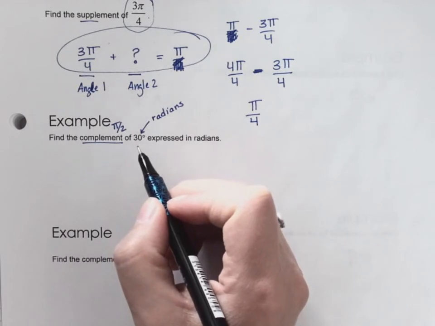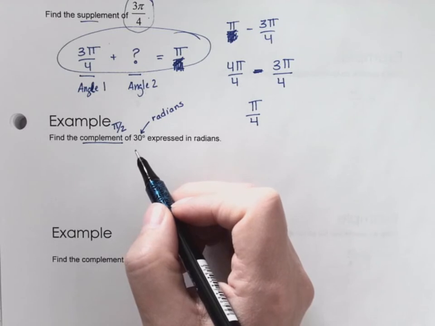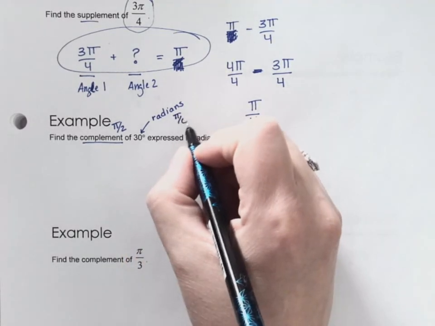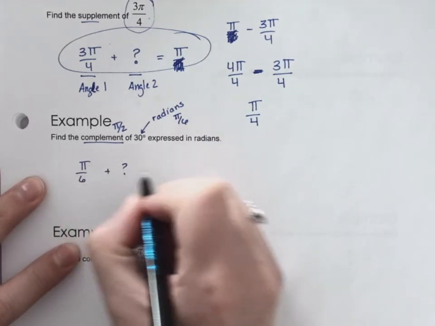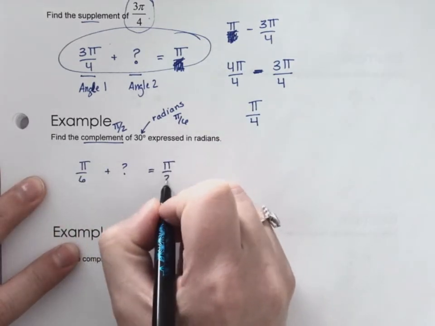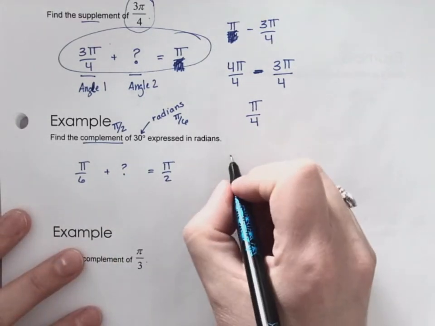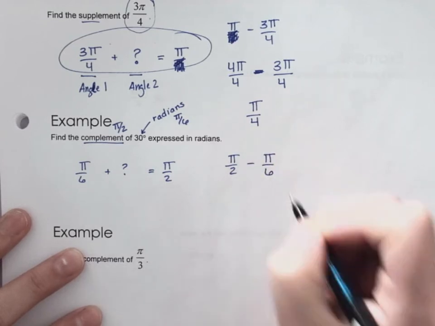Okay, so I'm going to suggest that you drop that into radians right away. So using your table, what is 30 degrees? Pi over 6. All right, so we know that pi over 6 plus something has to give me pi over 2. And so we'll just do that subtract again. So pi over 2 minus pi over 6.